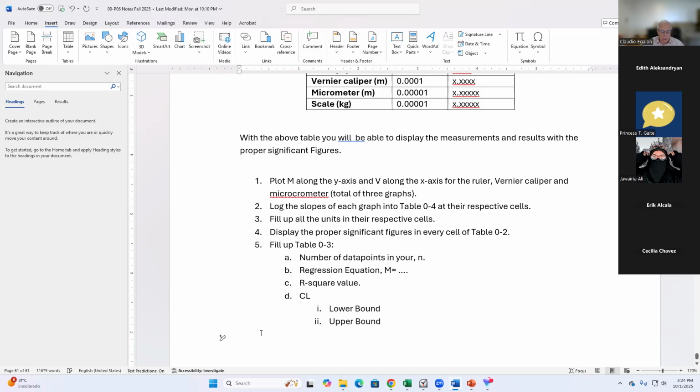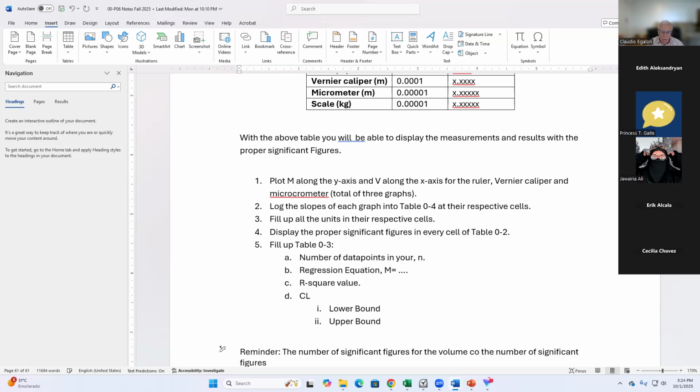Just a reminder. The number of significant figures for the volume coincides, right?